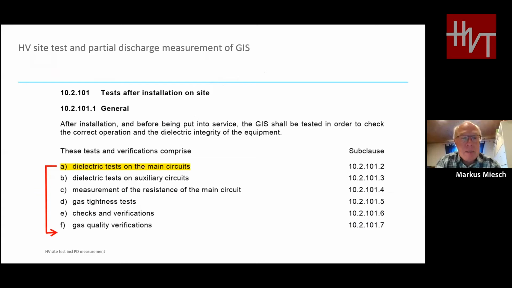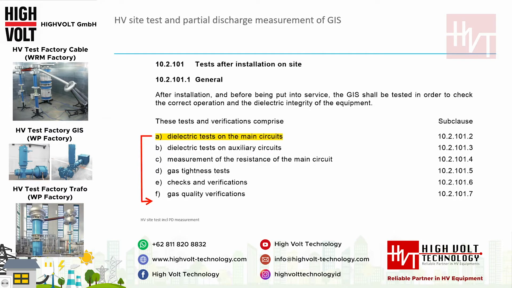The list here comprises the dielectric test on the main circuit, the dielectric test on auxiliary circuits, measurement of the resistance of the main circuit, gas tightness test, several checks and verifications, and the gas quality verification. In the list here, the dielectric test on the main circuit should be, time-wise, at the end of all of the tests.